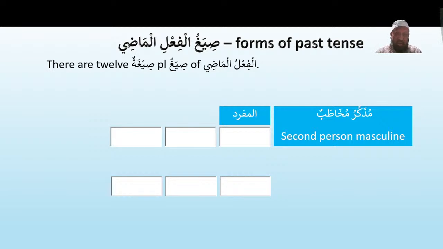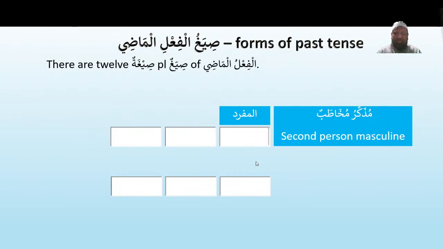And how many are they? So ta with the fatha 1, ta with the kasra 2, ta with the dhamma 3, tuma 4, tum 5, and tunna 6. So these 6 damirs are used for mukhatab.